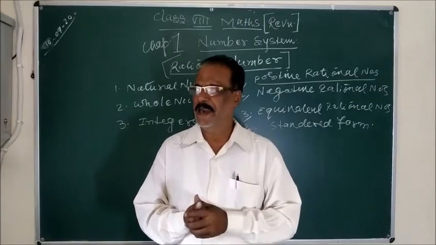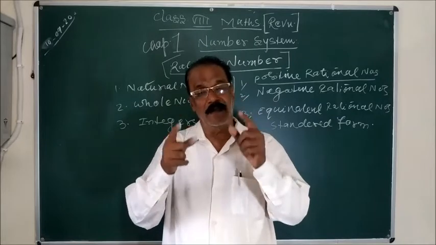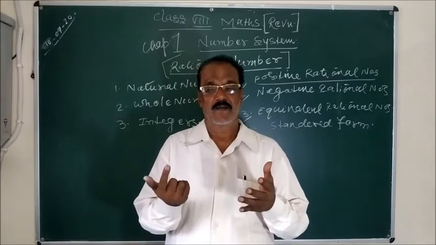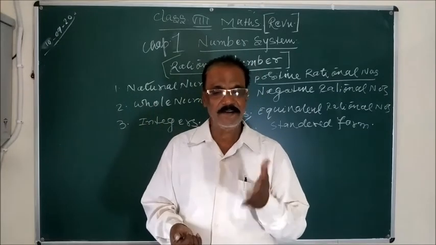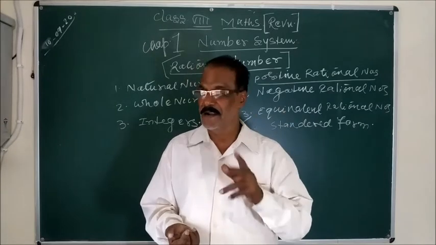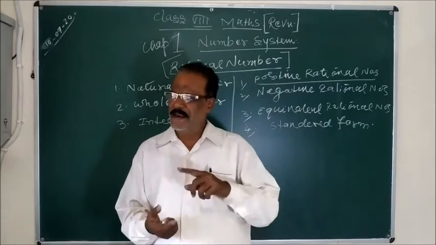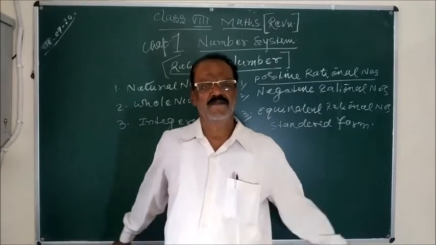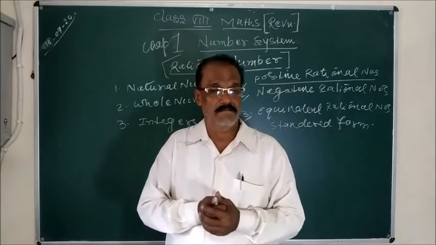It means we cannot find the largest natural number. For example, if you say 1 crore is the largest, you can add 1 to this number. If you say 1 crore 1 is the largest, no, you can add. So we can get the successor of any number. Therefore, it is not known what is the largest natural number.